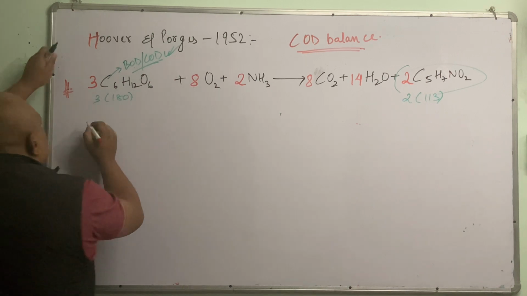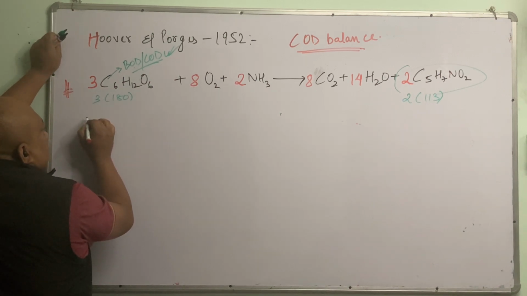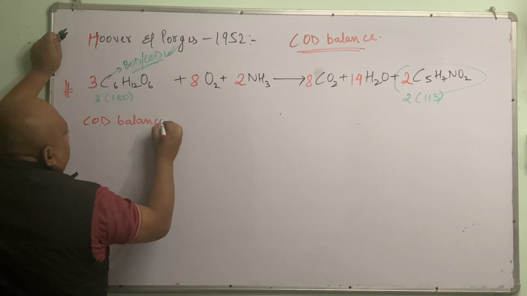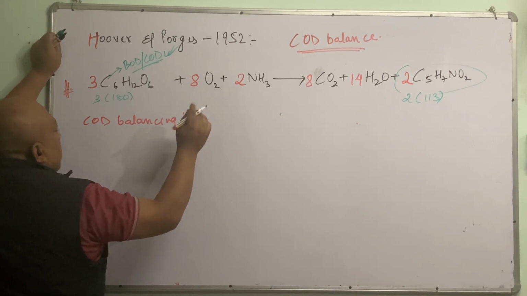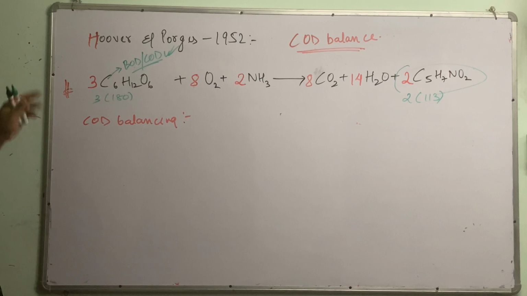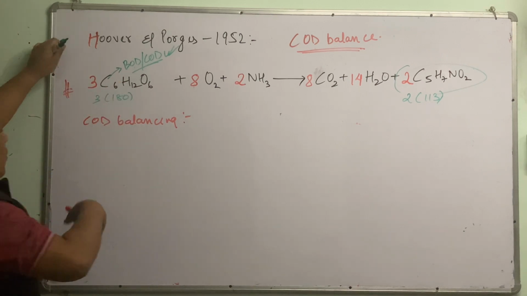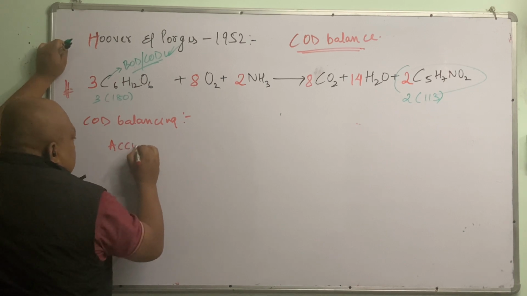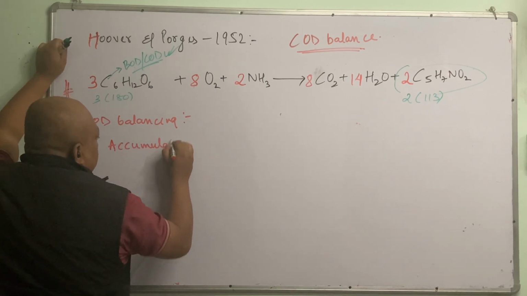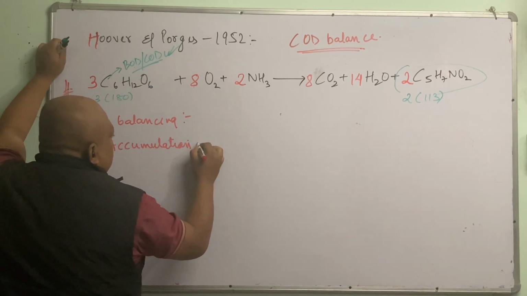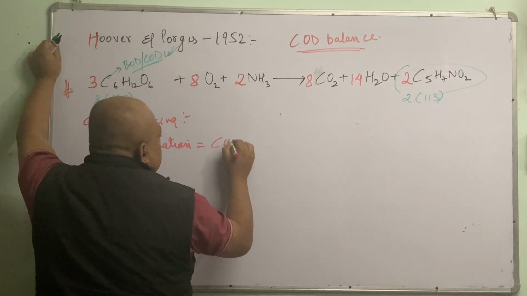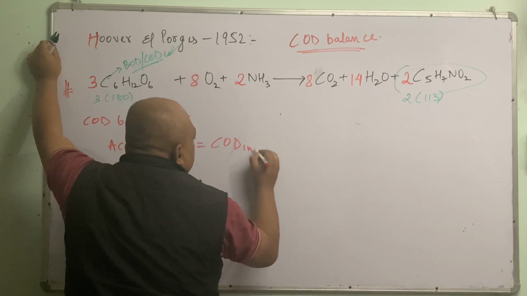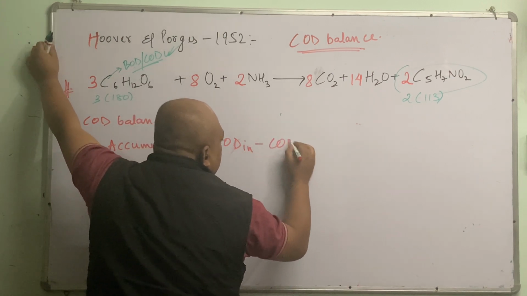Now we are going to come to the COD balance stoichiometry. Okay. So what happened here is, in this whole system, what we know is always in the mass balance, the accumulation is equal to COD in minus COD out.